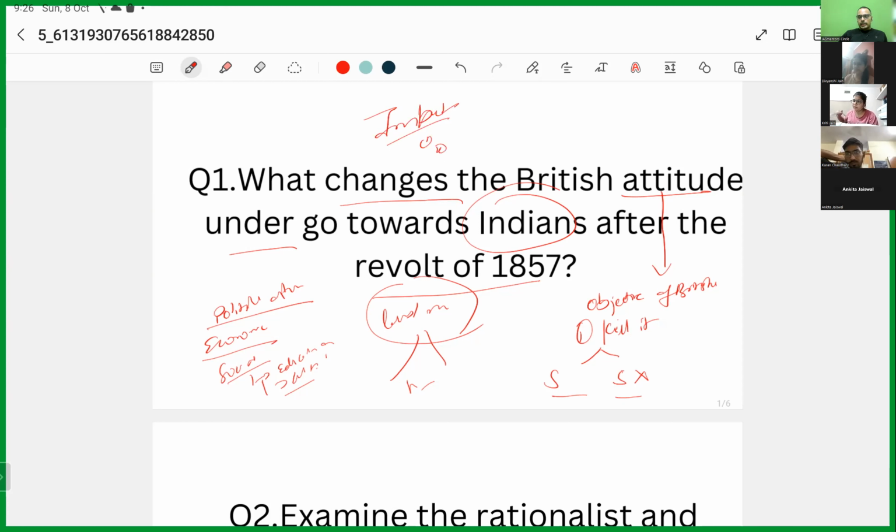Impact is nothing but the 1858 Act. We brought it. 1-2 lines, then conclusion. Conclusion you can conclude in any way. The 1857 Revolt Act was a learning for Britishers, which ensured their empire lasted for the next 100 years.